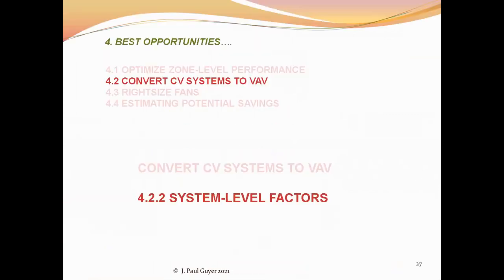So with the conversion of an existing constant volume system to a VAV system, you can look at considerations at the building level, and things that you need to take into account.